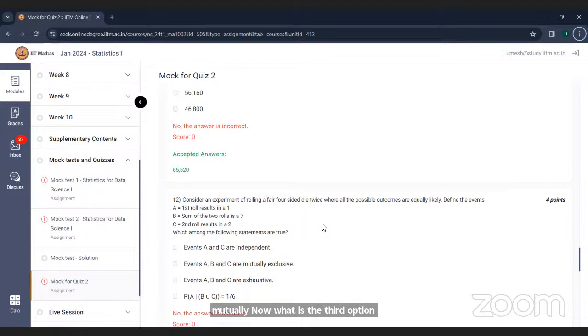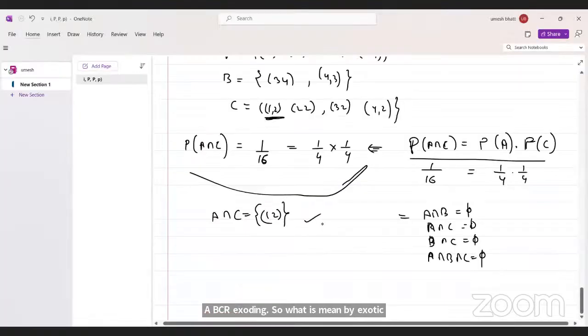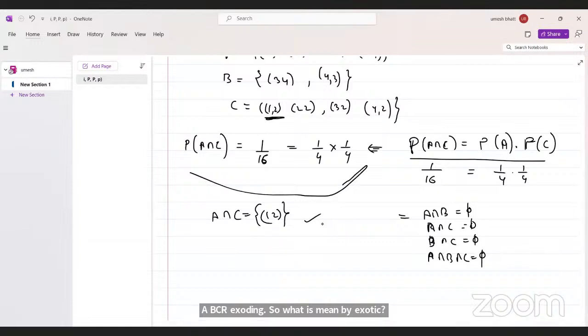Now what is the third option? A, B, C are exhaustive. So what is meant by exhaustive? Can anyone tell? Okay, it means A union B union C equals the whole sample space.